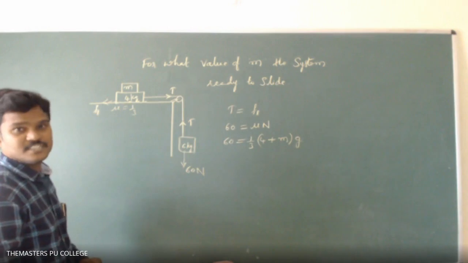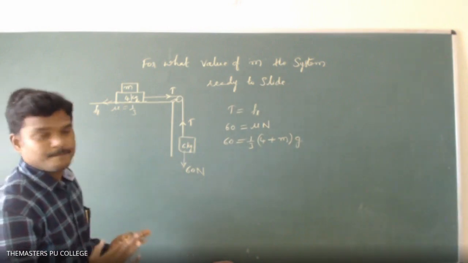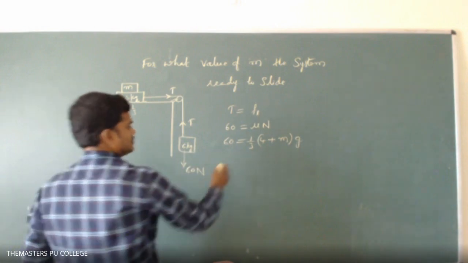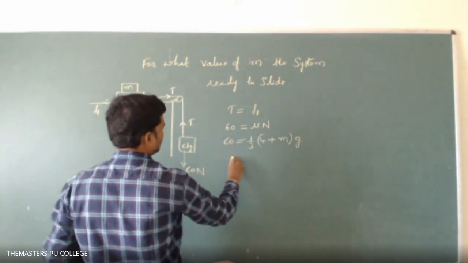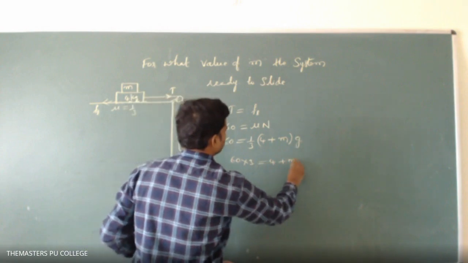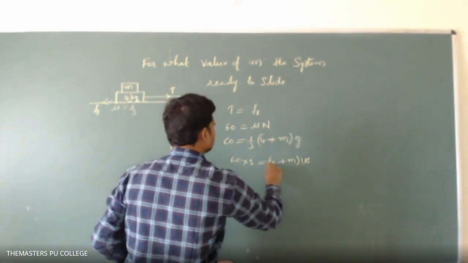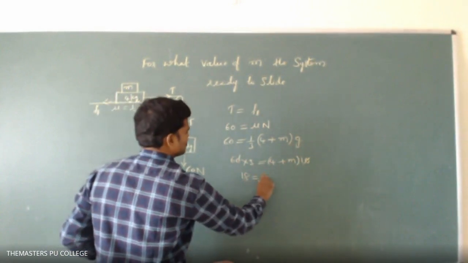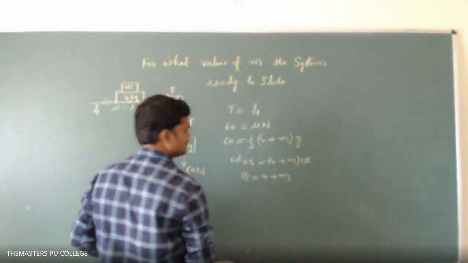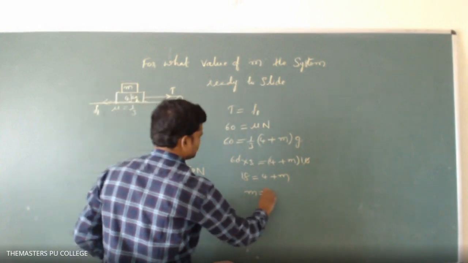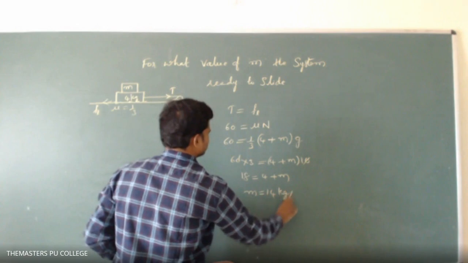M. So 60 into 3 equals (4 plus m) into 10. Strike off the 0: 18 equals 4 plus m, so m is 14 kg.